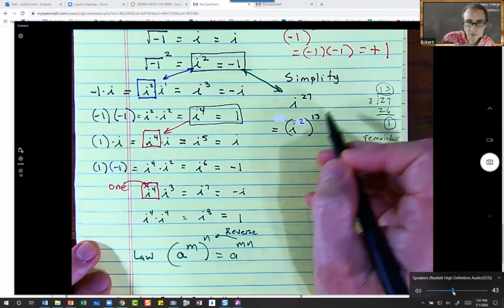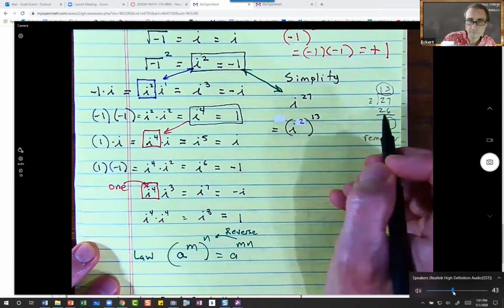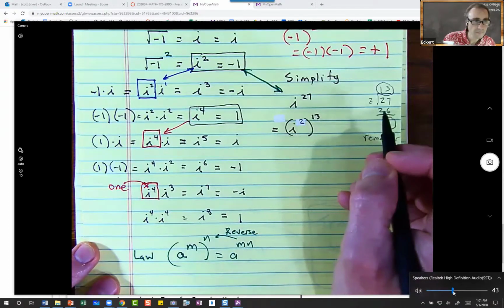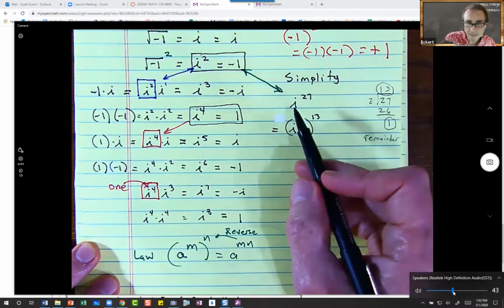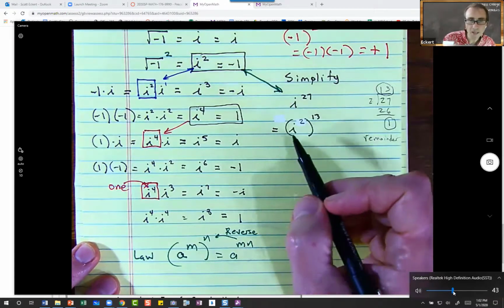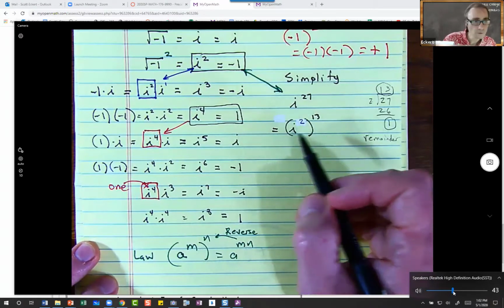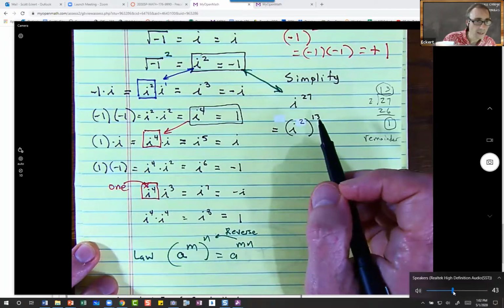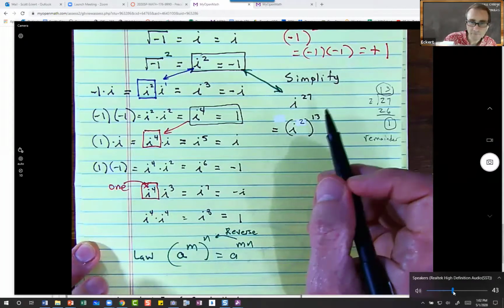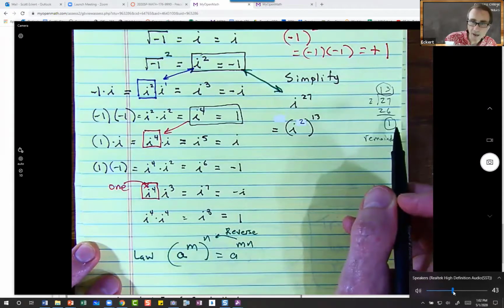Well, 13 times 2 is how much? It's 26. So if I break down i to the 27th into i squared to the 13th power, this equals 26 factors of i. But I don't have enough. I need 27. So I have 1 left over, 1 remainder of i.